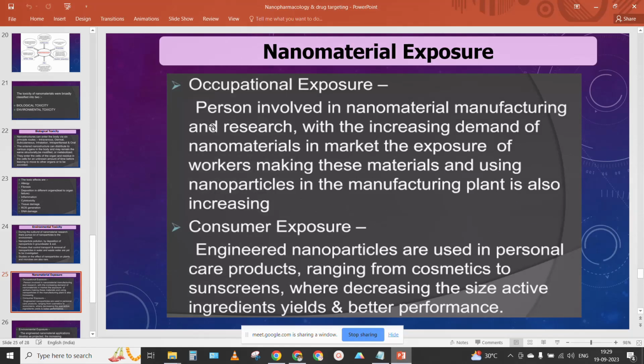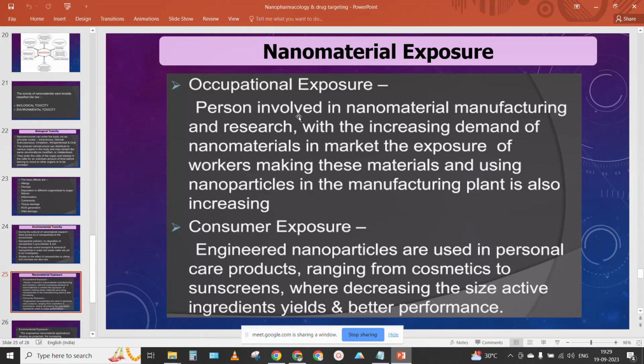So there are two things: consumer exposure and occupational exposure. Persons involved in nanomaterial manufacturing, like I said, researchers, scientists, with the increasing demand of nanomaterials in the market, the exposure of workers making these materials and using nanoparticles in the manufacturing plants is also increasing. On the other hand, consumer exposure is there. Occupational exposure covers those who are working on it, research scientists, researchers. Consumer exposure covers those who consume that particular nanomaterial.